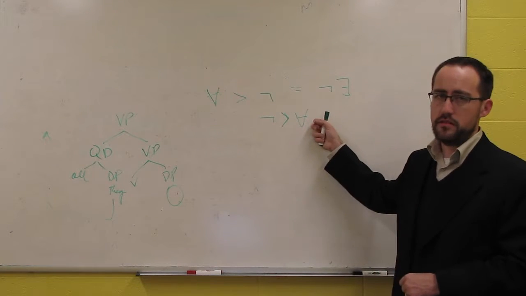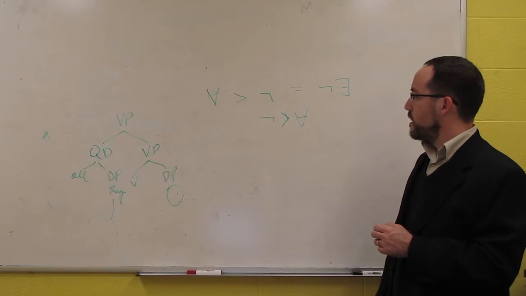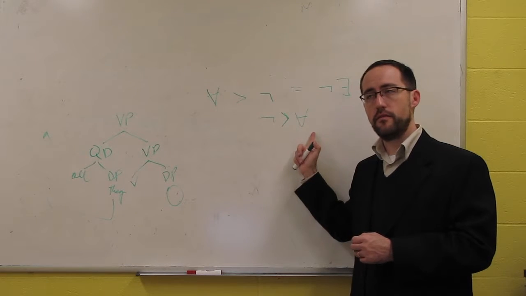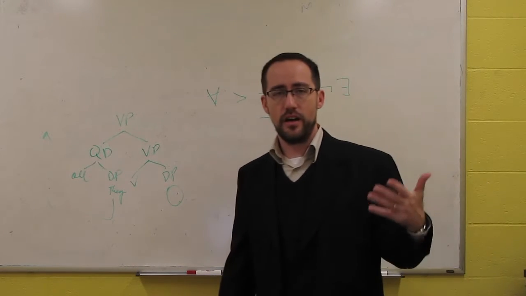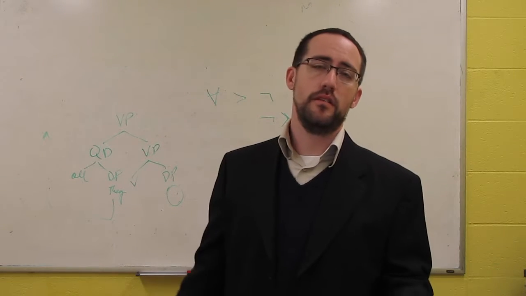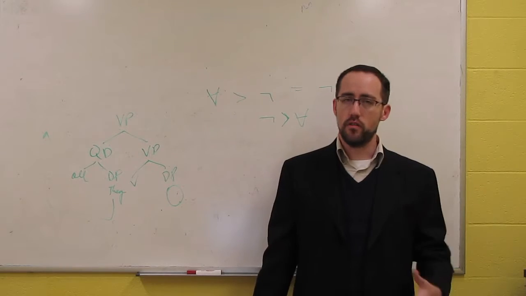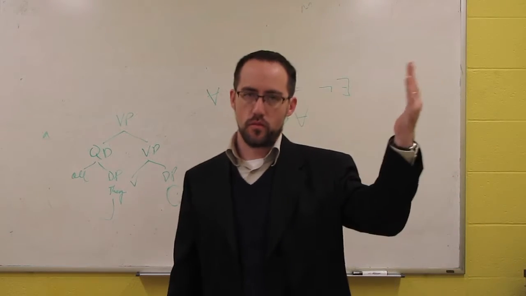But it raises a question, right? If scope is related to C command, then at LF, not has to C command every. But if every player originated above not in spec of TP, then we would have to have some kind of lowering. But we can't have lowering for independent syntactic reasons. We don't lower in the syntax, we only raise.